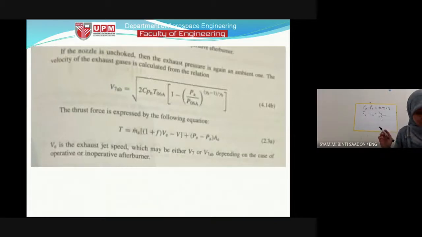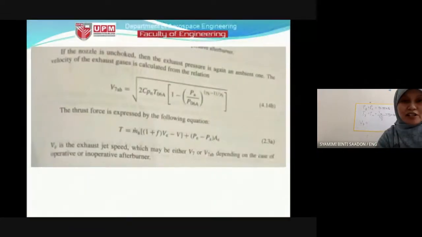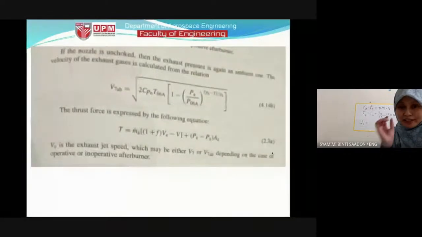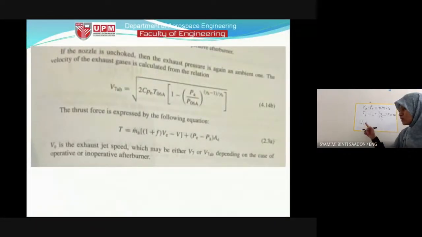Okay, so T7 or TC critical is 920.8 Kelvin. And V7, since the nozzle is choked and the pressure and temperature are at the critical point, the speed at the exit of the nozzle is actually the sonic speed.